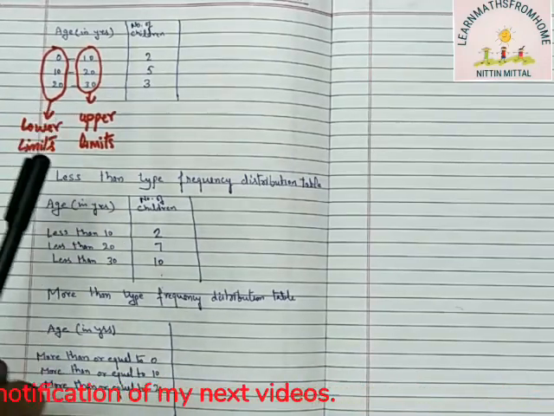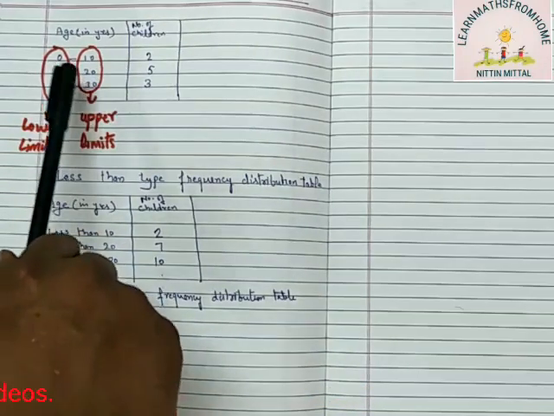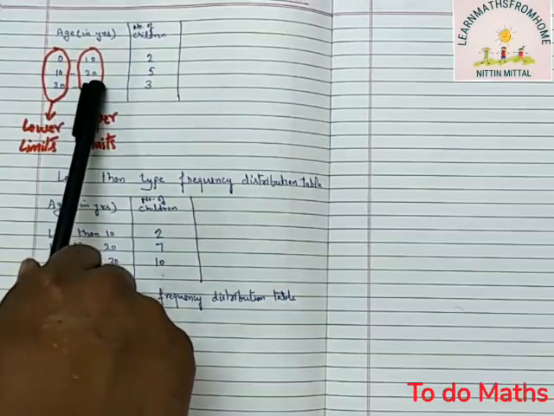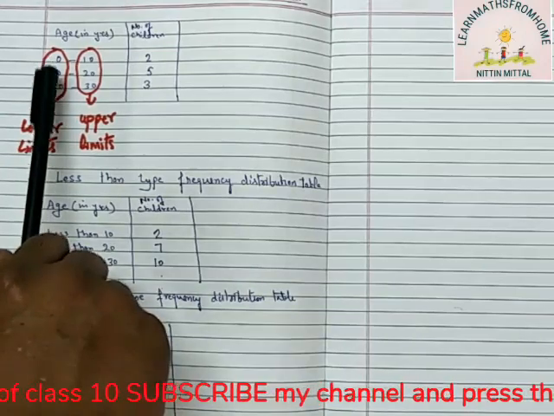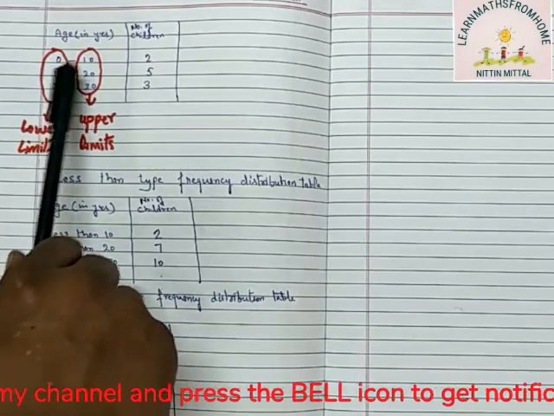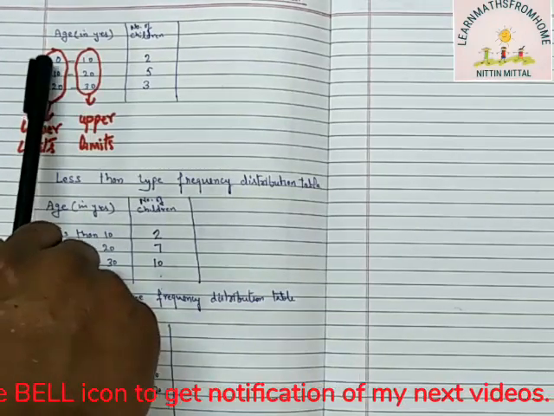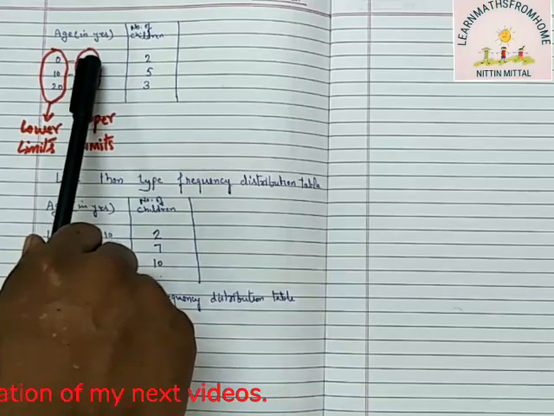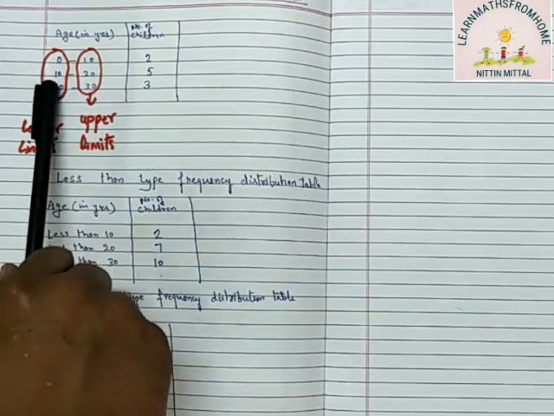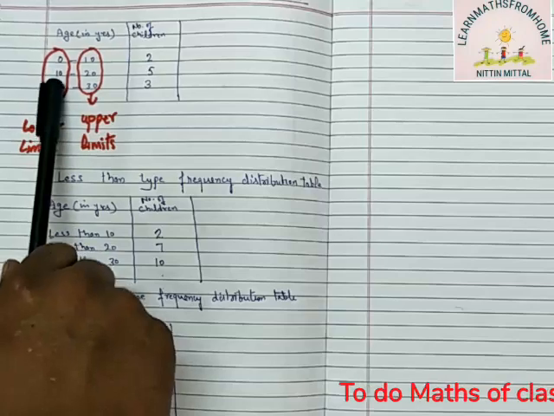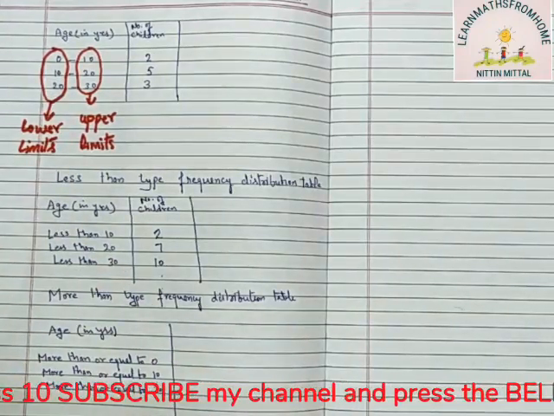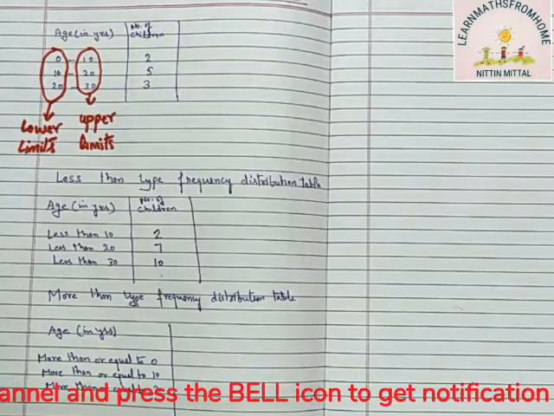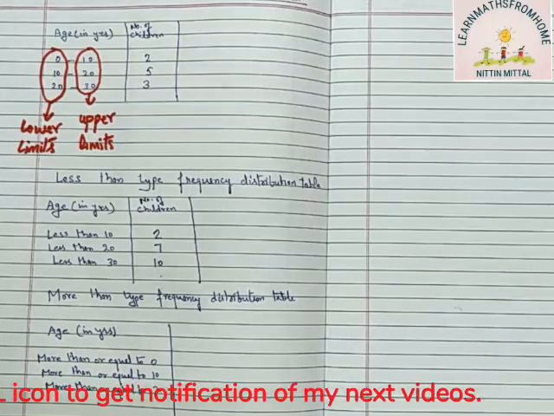Because we know in class intervals 10 to 20 or 20 to 30, 10 is included in the second class interval, in 10 to 20. 10 is not included in 0 to 10. 10 is included in 10 to 20. So in this 10 is included. So we write more than or equal to 10 or more than or equal to 20, right?